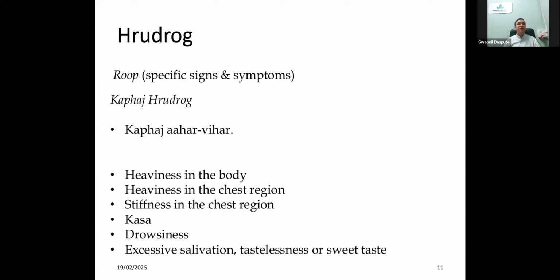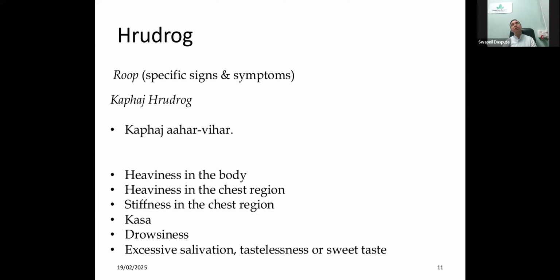So, excessive salivation, tastelessness, or a feeling of sweet taste in the mouth can be seen. For excessive salivation I use the word praseka. Praseka is the Sanskrit term used for excess salivation.